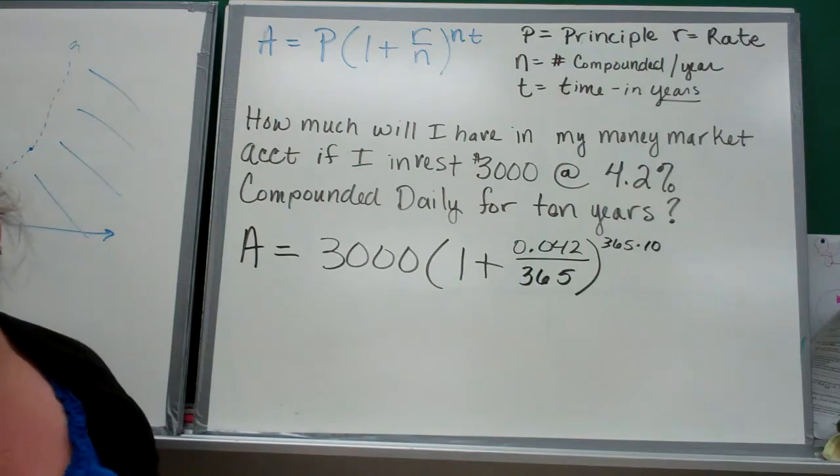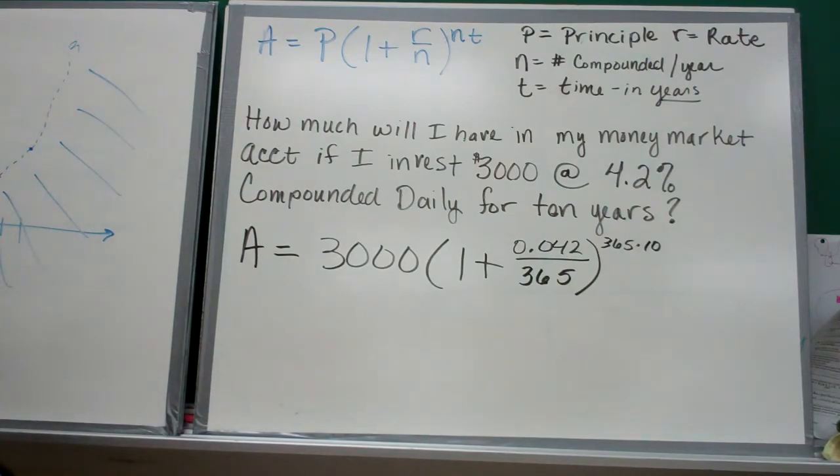And then you can just use your calculator to do this problem. So 3,000 times 1 plus 0.042 divided by 365, close parentheses, raised to the power, and I'm putting 365 times 10 is 3,650. That's my exponent.